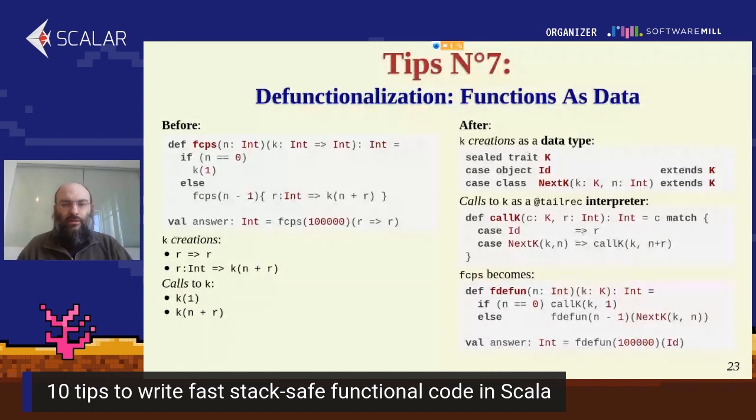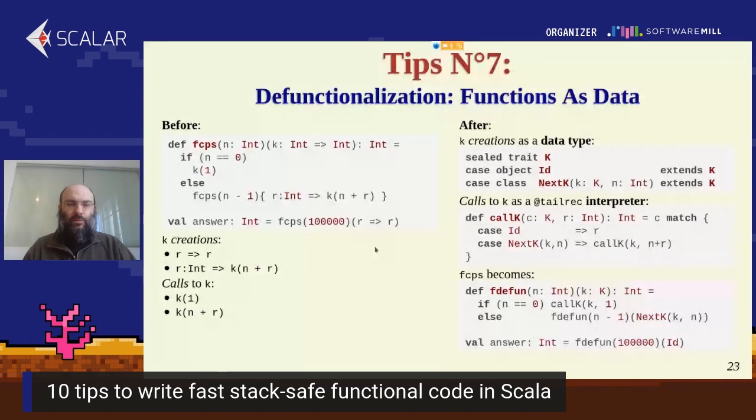And if it is the NextK case, so representing the function r to k of n plus r, then we call k on n plus r. But because k itself is a data type K, then we interpret it, also callK.